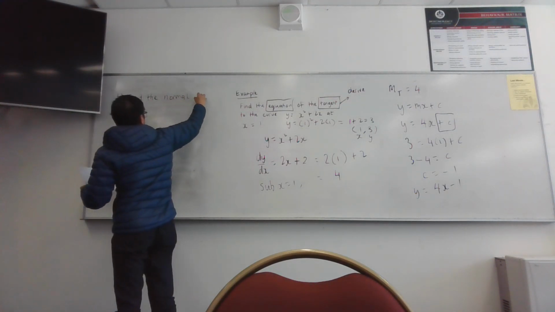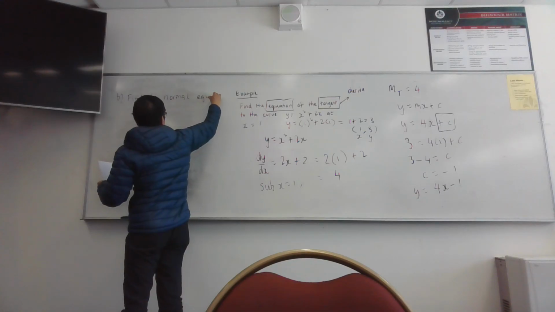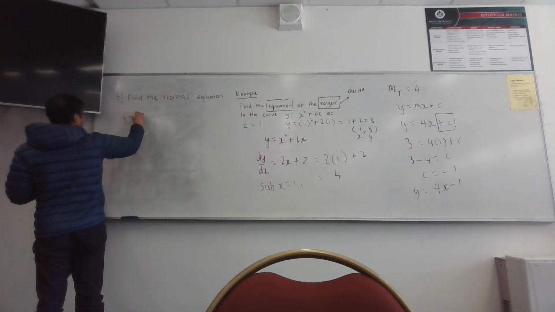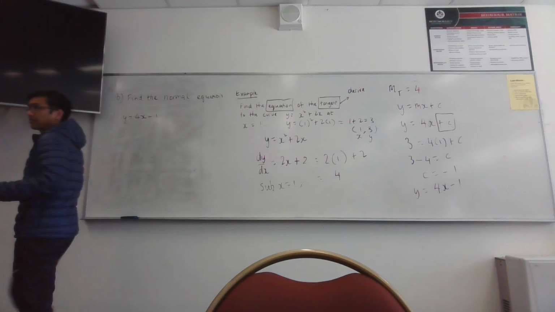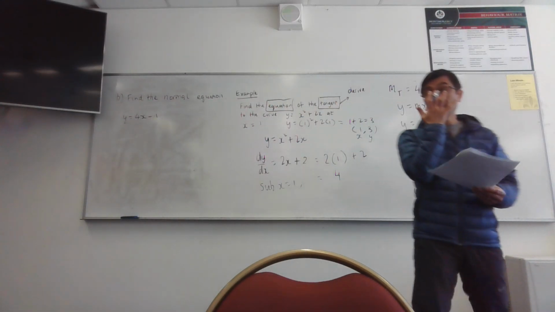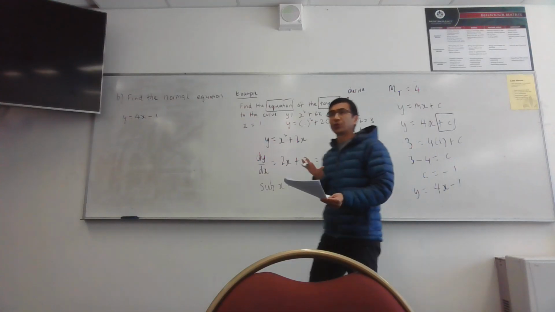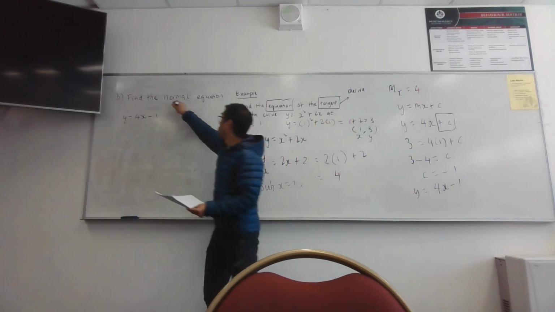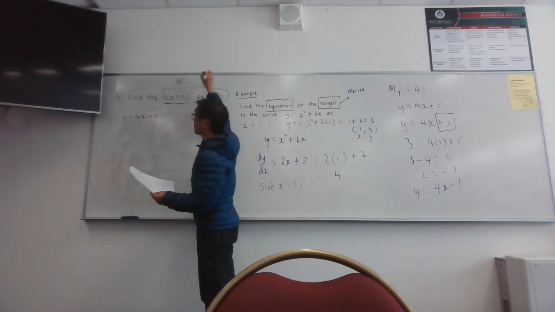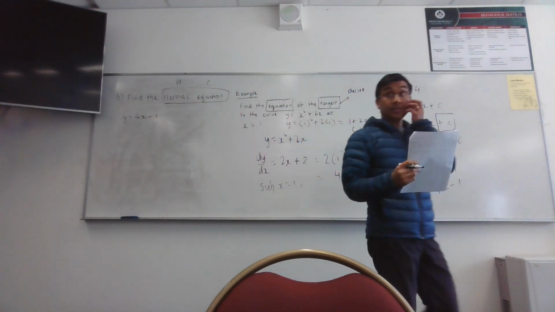What I mean by that is find the normal equation. So I now know y equals 4x minus 1. I want to find the normal. It's a normal equation. It has its own gradient and it has its own y-intercept.